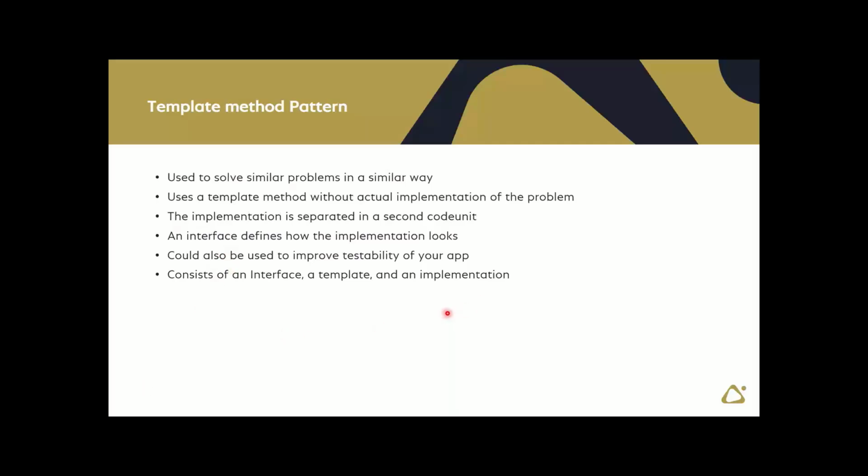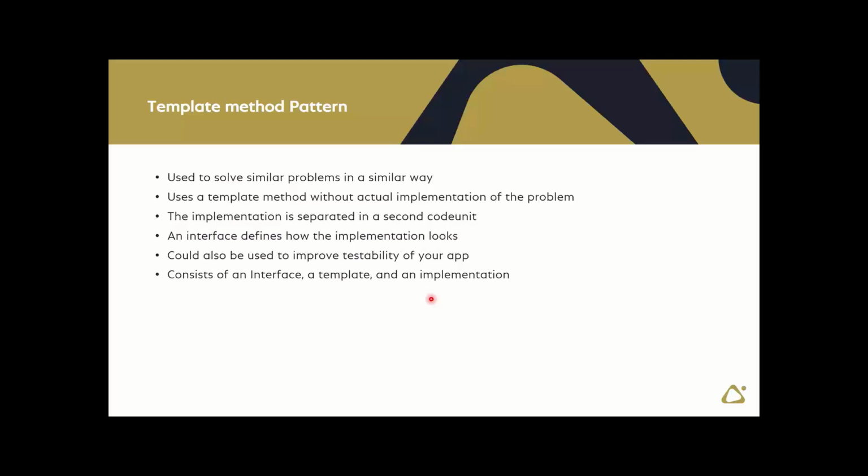So we start with a very simple one. The template method pattern is used to solve similar problems in a similar way. When you have code units which look quite the same, then you can use a template method to extract the generic functionality out of these code units and only implement the specifics inside each code unit.